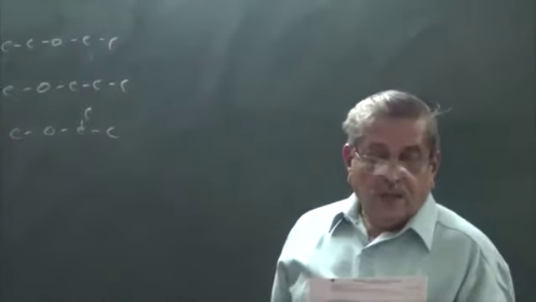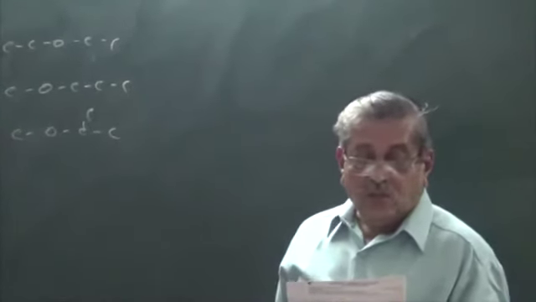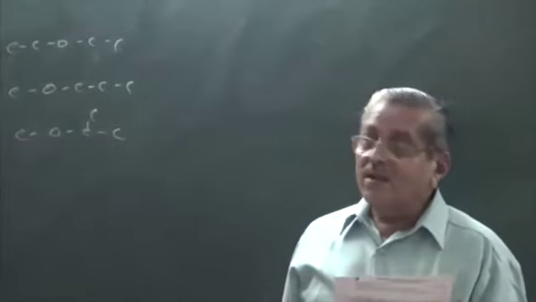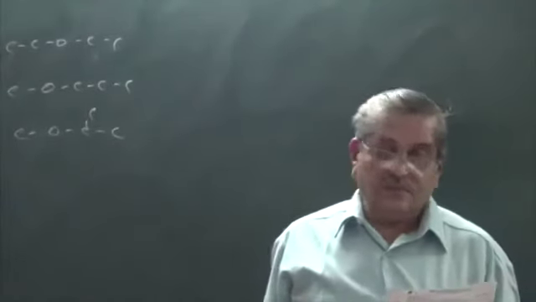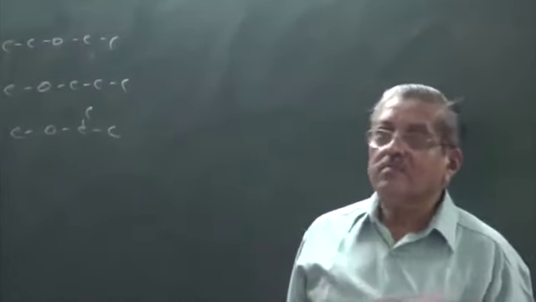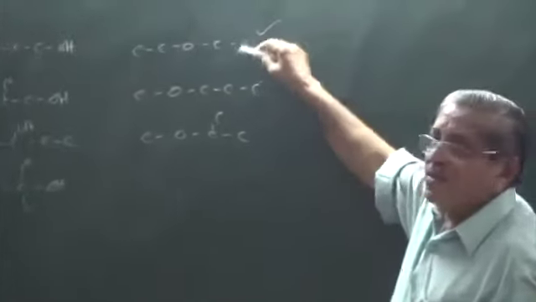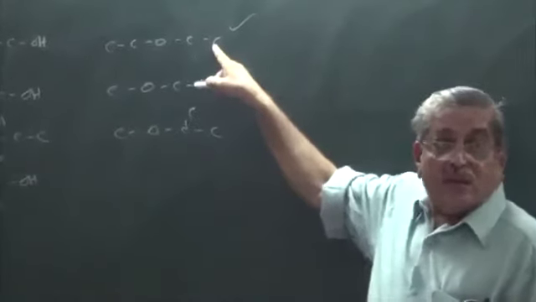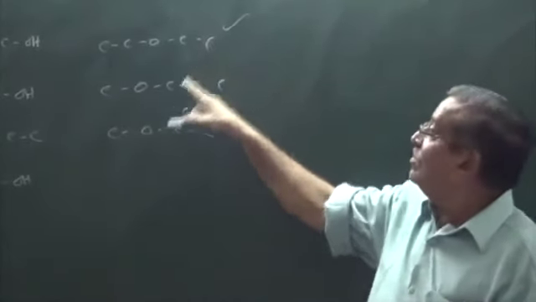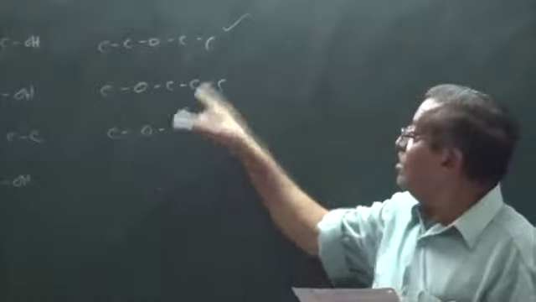Third one. The isomer of diethyl ether is. What is diethyl ether? This is diethyl ether. The isomer of this is. Which one?